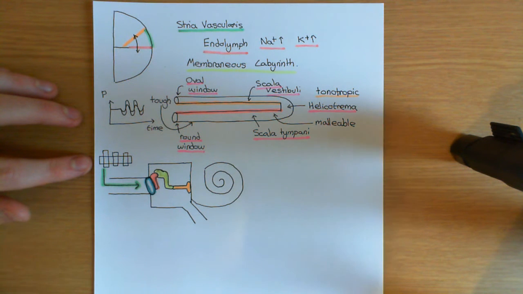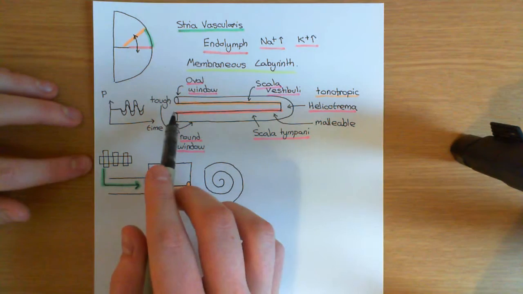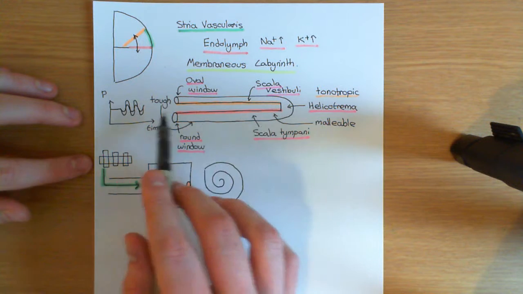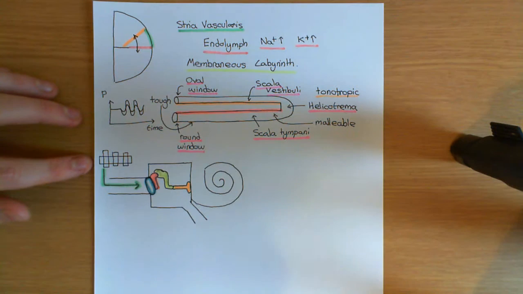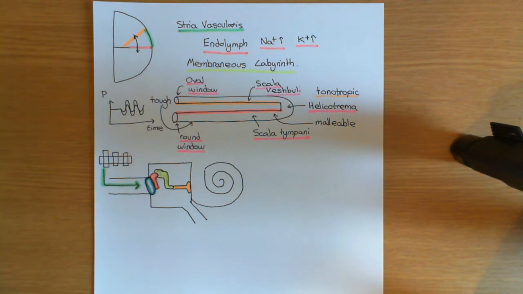So different frequency sounds are going to cause different patterns of oscillation of the cochlear duct, and this is what we mean when we use this word tonotopic distribution of the cochlear duct. The cochlear duct can encode different frequency sounds by which portions of it are going to oscillate.